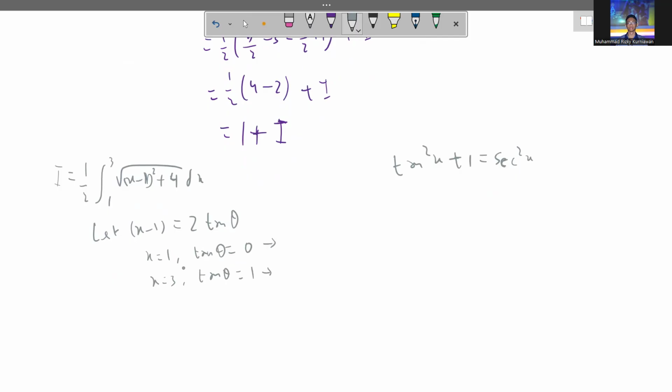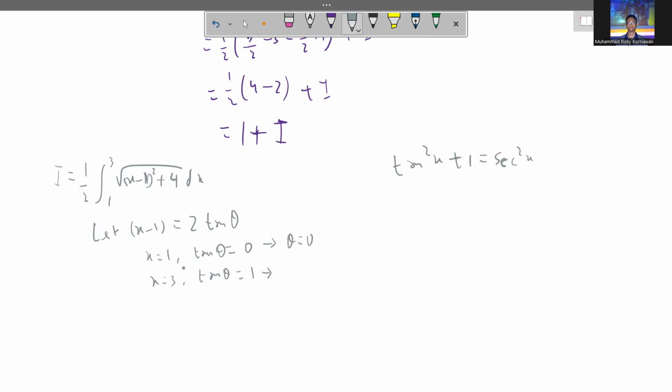And that means on both sides here, the first one, theta is equal to 0.